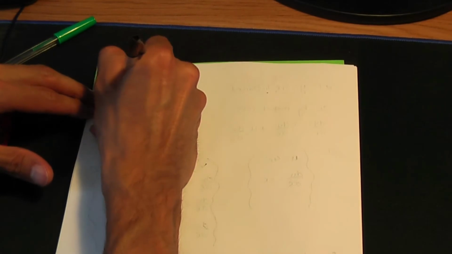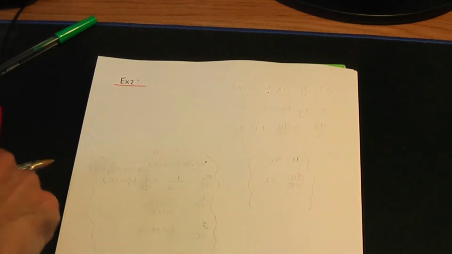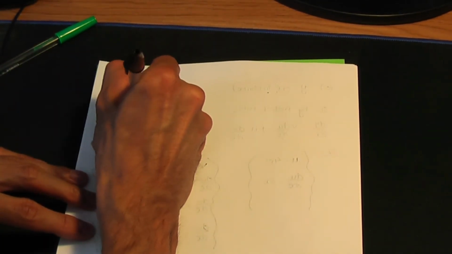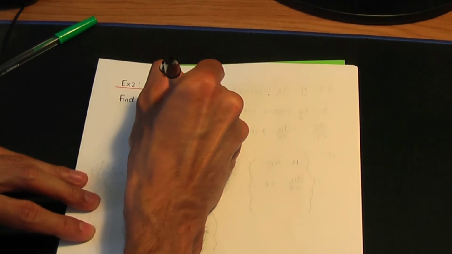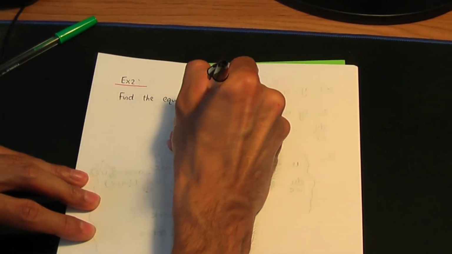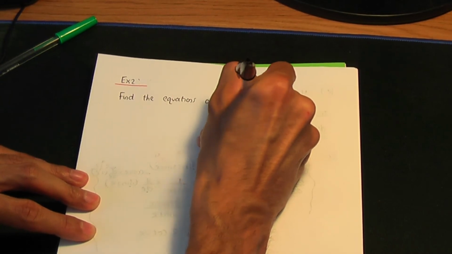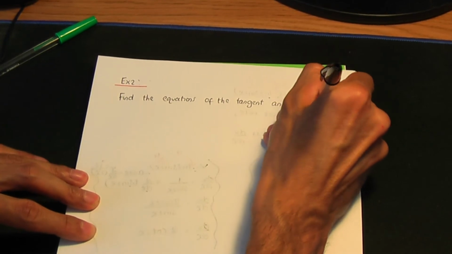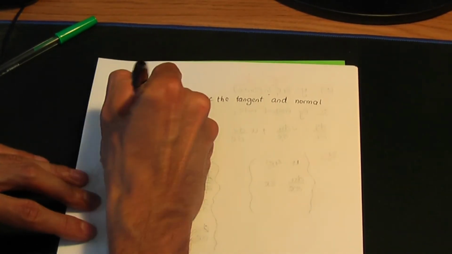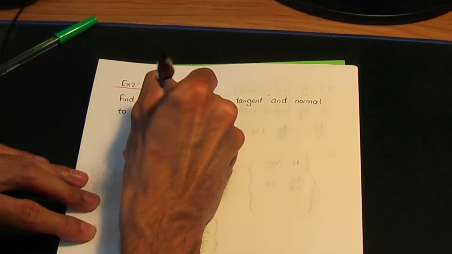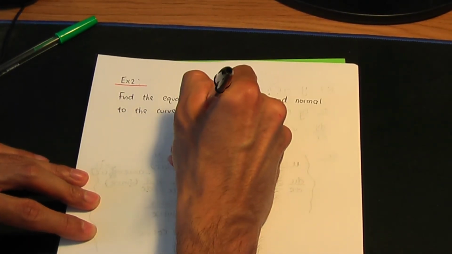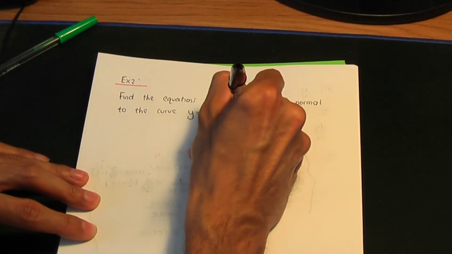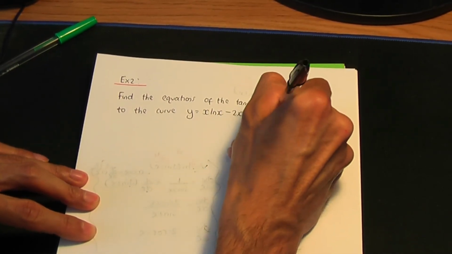So example number 2. Let's take a red pen and a ruler, underline this. So the question is, find the equations of the tangent and normal to the curve, and the curve has equation y equals x ln x minus 2x at x is equal to 1.